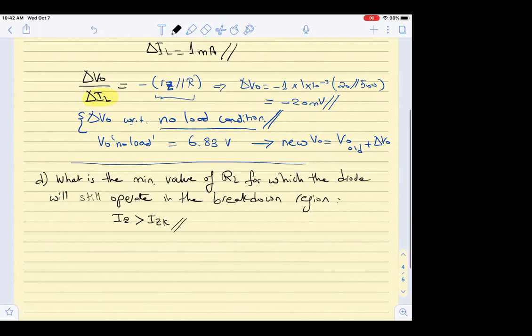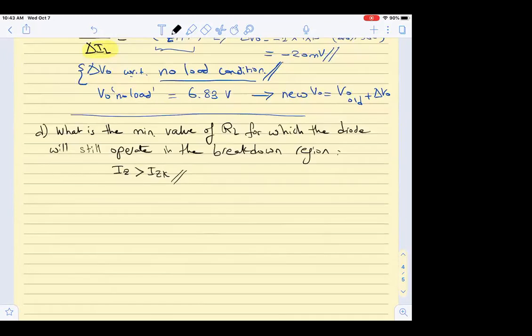And in this problem they are telling us that V plus is still fluctuating, 10 plus or minus 1 volt. In this scenario, I have here 0.5K. I have the Zener diode, and I have a load across the Zener diode, which is going to have the value RL.